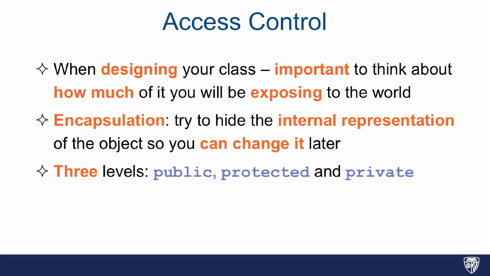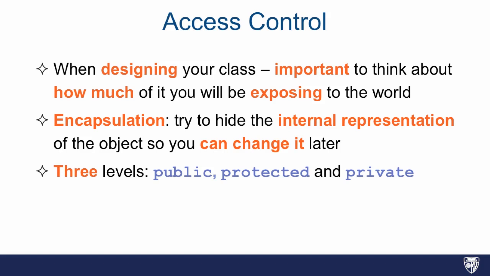So the idea of access control is as follows. When you're designing your class, it's important to think about how much of it you want to expose to the world. You want to write your class in a way that when some internal details change in your class, not everybody outside of your class has to all of a sudden change everything.